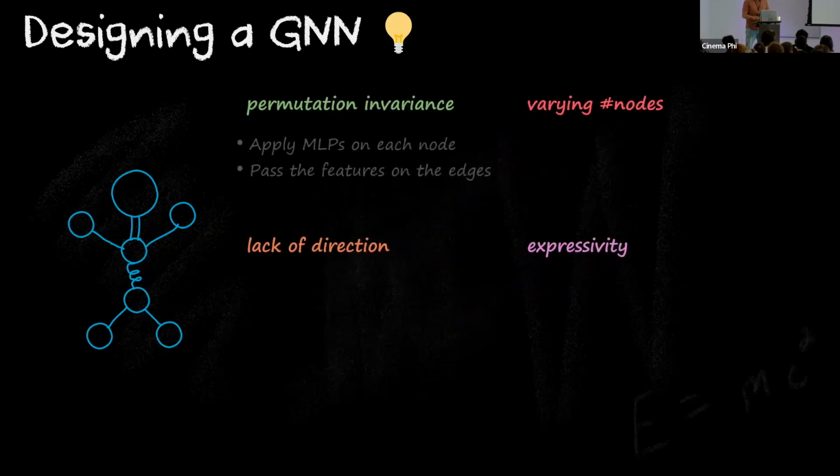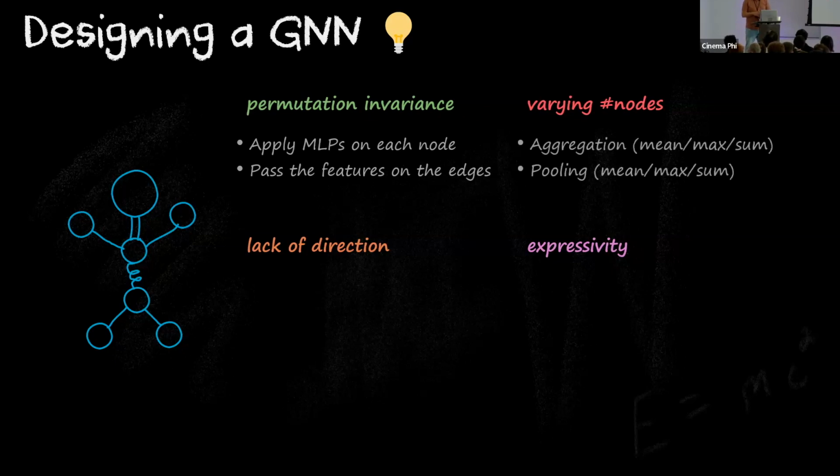So for permutation invariance, as a quick summary, I'll go into more detail later, you can apply an MLP on each node and pass the features then on the edges. So that's what's typically done. And this allows permutation invariance because if you change the order, it also changes the order of the output.